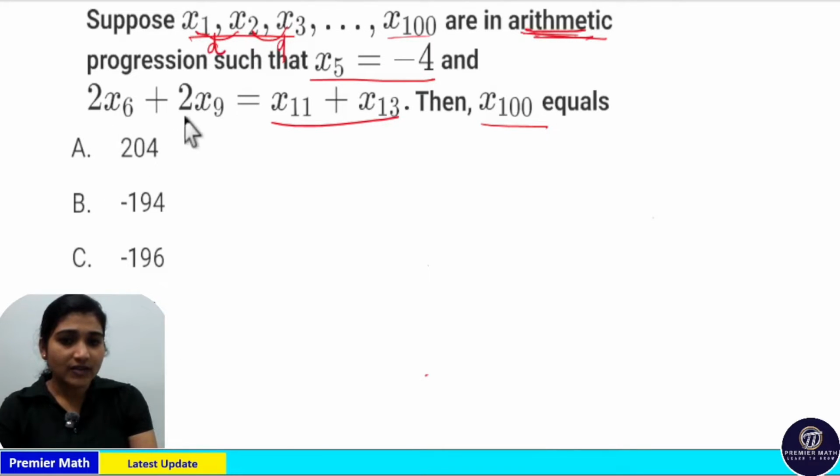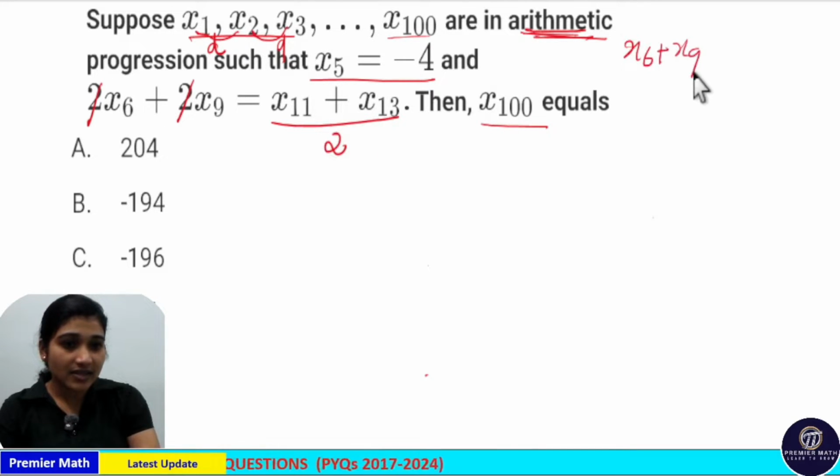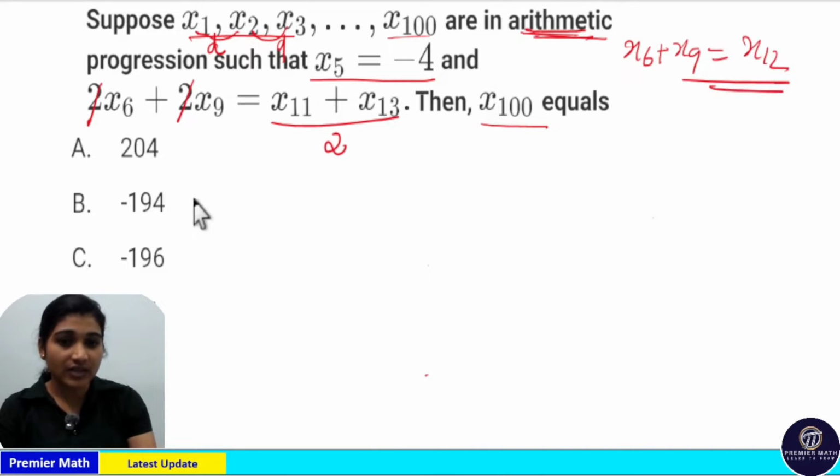That is, difference between consecutive terms are equal, means this is in arithmetic progression. Here 2x6 plus 2x9 is equal to x11 plus x13 means x6 plus x9 is equal to x11 plus x13 divided by 2. Since these are in arithmetic progression, x11 plus x13 divided by 2 means average of these two numbers. So average of these two numbers is the middle number, which means x12. So here x6 plus x9 is x12. We got it from the average concept.